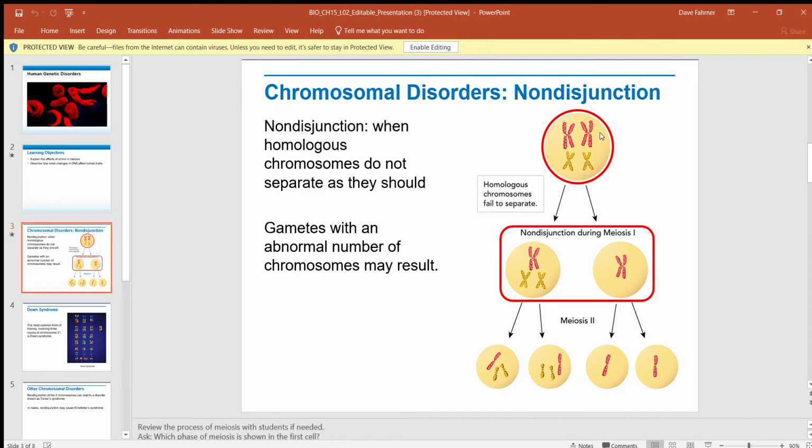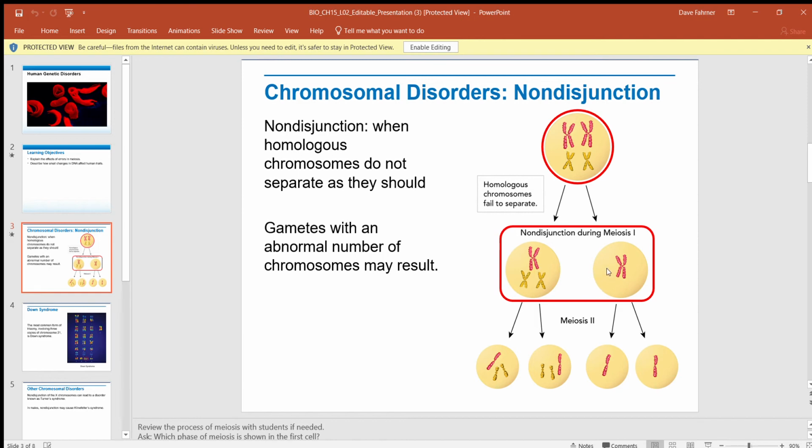So what happens is when these two do not separate, like let's say in this particular case, the red chromosomes have separated, so we have a pair of chromatids here and a pair of chromatids here for the same traits, but the tetrad of the yellow did not separate. All 4 chromosomes went to one cell, and the other cell had none.